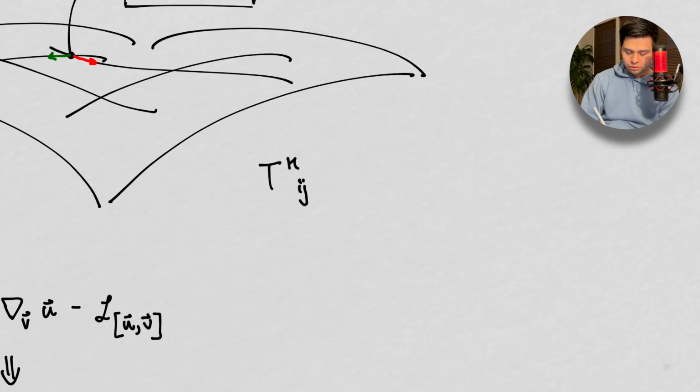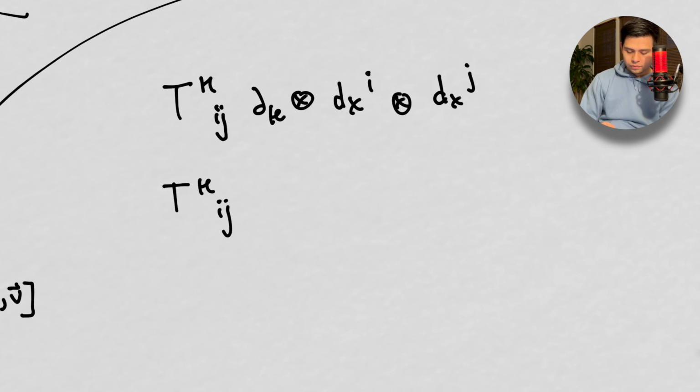Right, so this has components dk, dx i, dx j. So we feed this guy T k i j. We can feed into it, say, two covectors, right? Two.